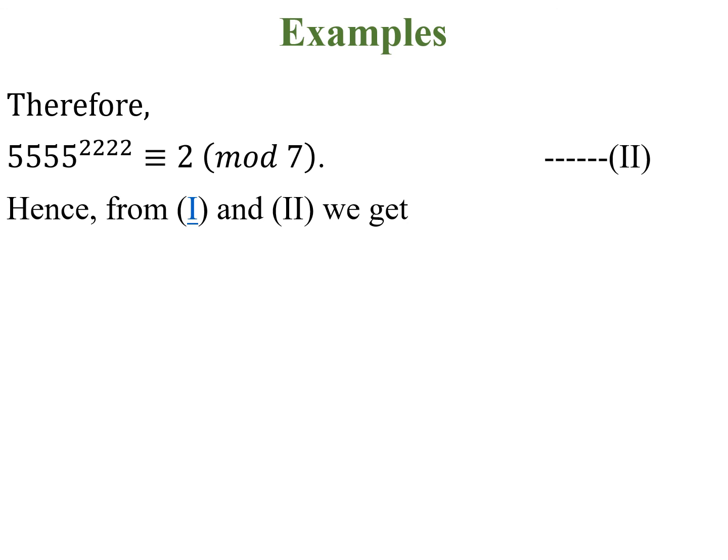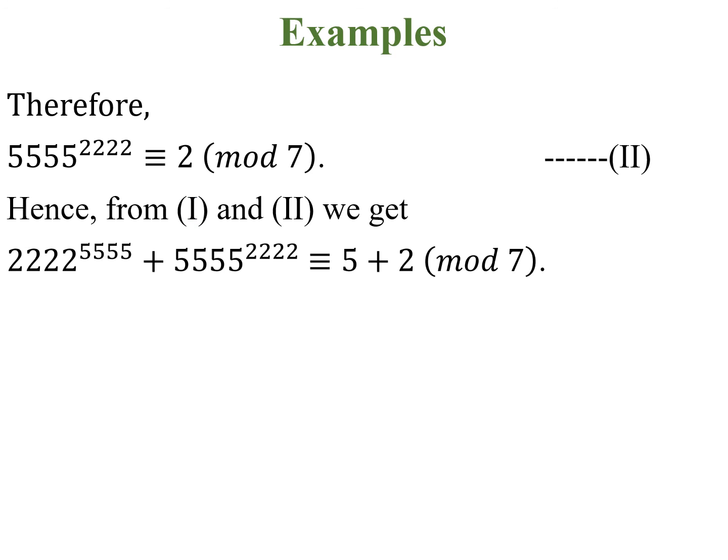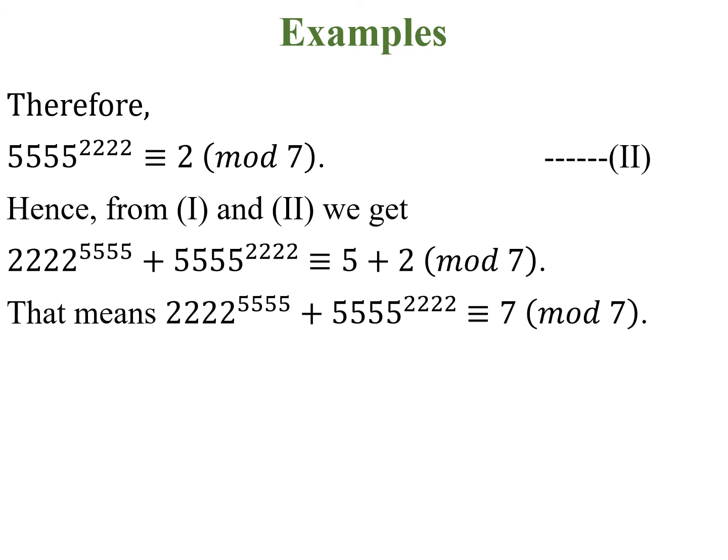Okay. Hence, from first and second, what is first? First was 2222 raised to 5555 is congruent to 5 modulo 7, and second is 5555 raised to 2222 is congruent to 2 modulo 7. In this way, we get the addition is congruent to 5 plus 2 modulo 7. 5 plus 2 is 7, so it is congruent to 7 modulo 7. But 7 is congruent to 0 modulo 7, because when we divide 7 by 7, we will get the remainder as 0.